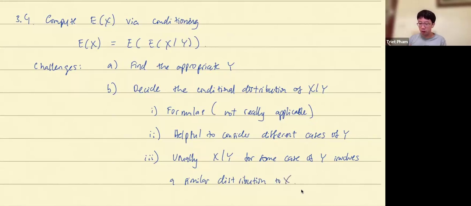And that's the point to begin with, that basically you don't know what this guy is, right? That's what you're looking for. So what you're doing is by conditioning on another random variable, you hope that what you're looking for will reappear in a different form, okay? And so ultimately what you end up having is an equation with expectation of x, or whatever you're solving for, appearing on both sides, right?